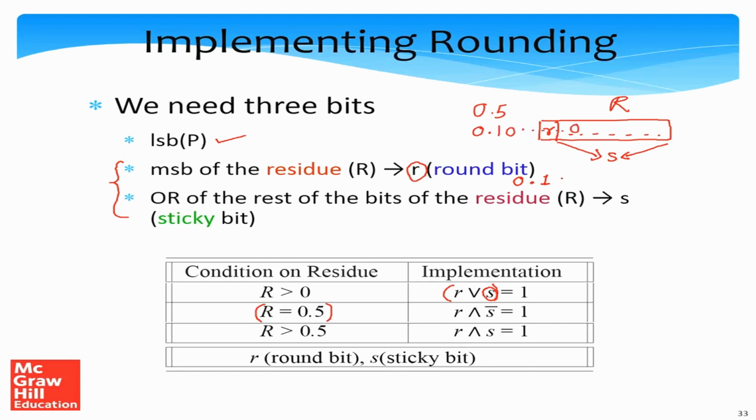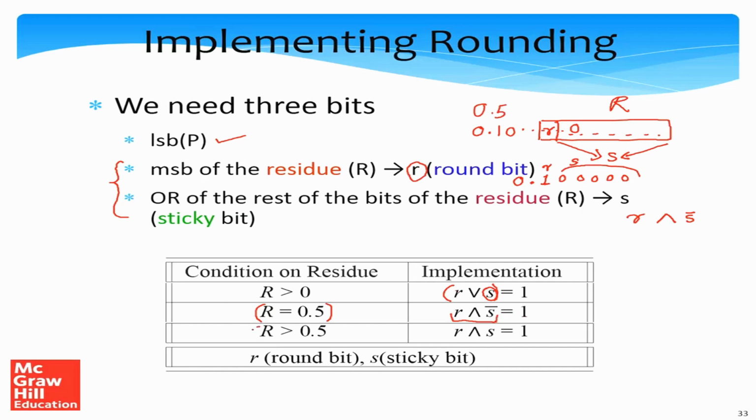So the R bit is 1, but all the remaining bits are 0, so their OR is also 0. The condition is that R is 1 and S is 0, which means S complement is 1. So the condition is R AND S complement equals 1.